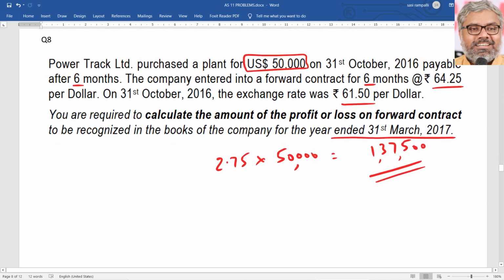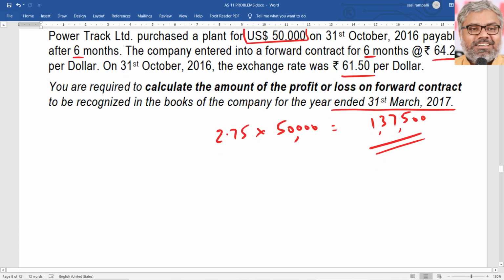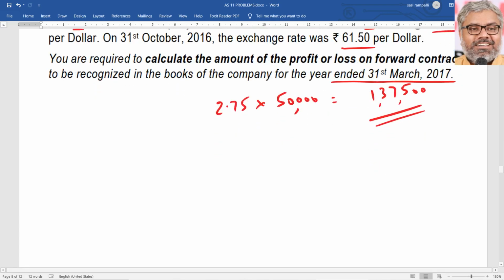So when they have entered into the contract on 31st October 2016, how many months are falling in this year and how many months are falling in next year, that we should find out. So November, December, January, February, March, 5 months are falling in the current year, 1 month is falling in the next year. So how much should be recognized in this year, which is 2016-17, is out of 6 months, 5 months has to be recognized.